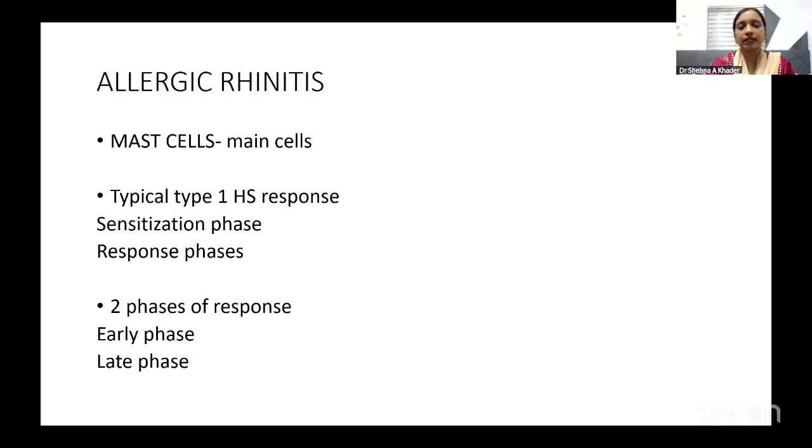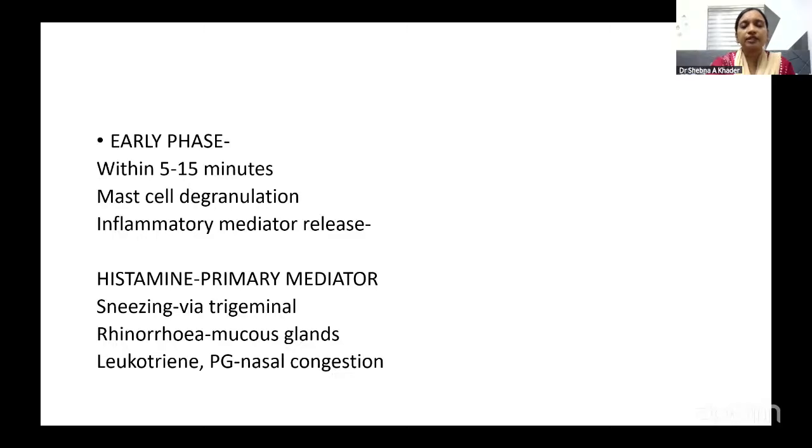And whenever there is re-exposure to allergen, there will be the response phase, resulting in mediator release. In that response phase, it is divided into an early phase and a late phase. The early phase is within 5 to 15 minutes, and it's mainly because of mast cell degranulation. The early phase is basically mediator related.